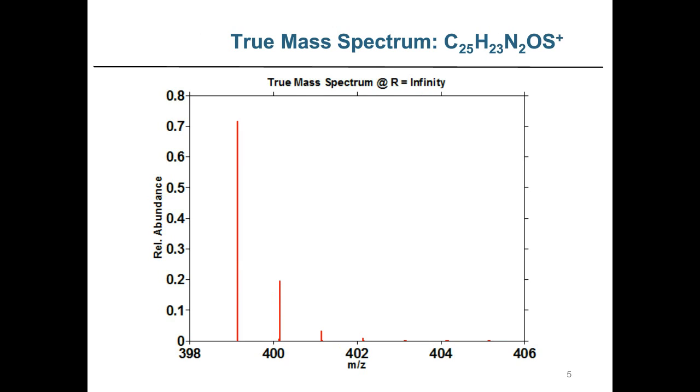If we look at the centroided data, at first look it does look like pretty much a theoretically calculated mass spectrum with intensities at the given mass locations.